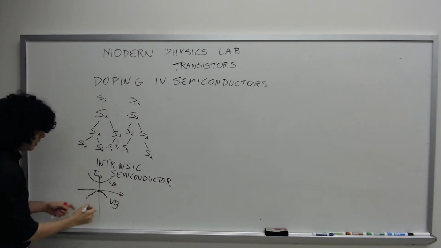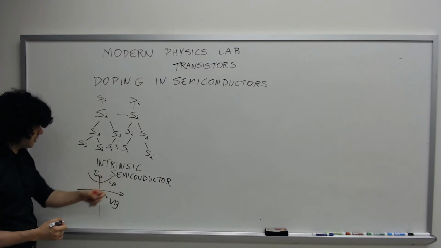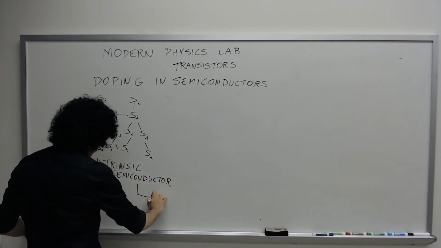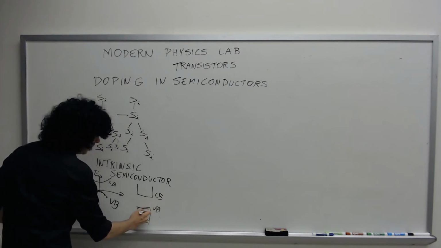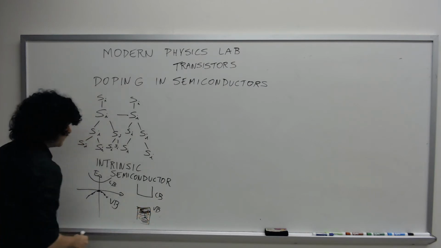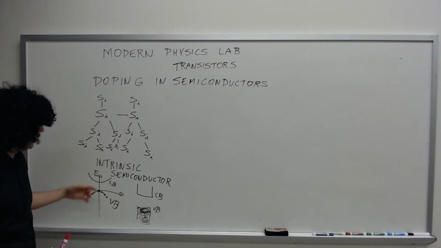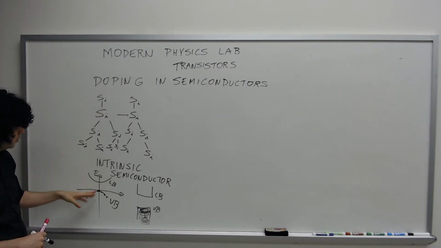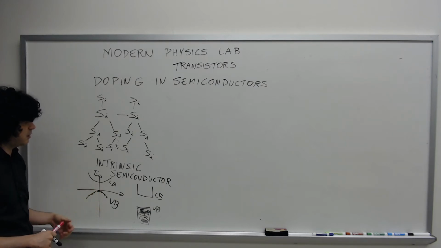In this case, you cannot conduct electricity in this intrinsic semiconductor. I can also represent this by the previous representation, the conduction band and the valence band, and I can fill up here the valence band. However, you can control your crystal in order to change the number of electrons you have in the crystal.